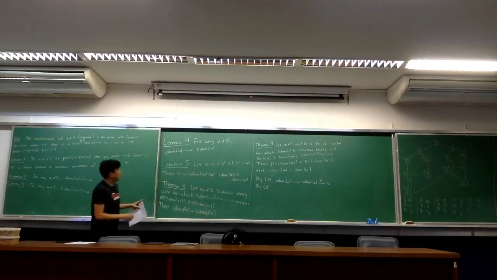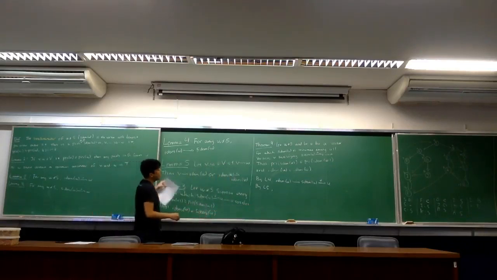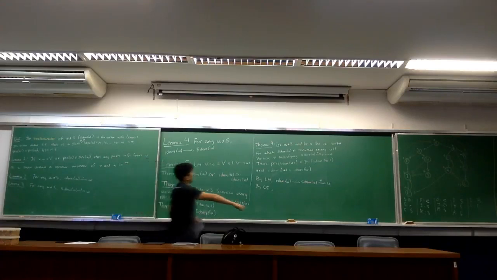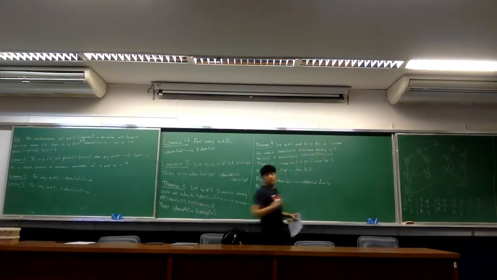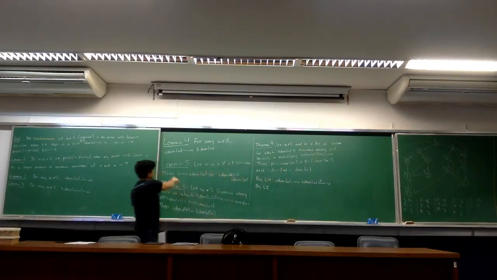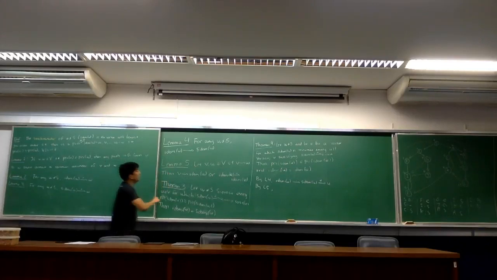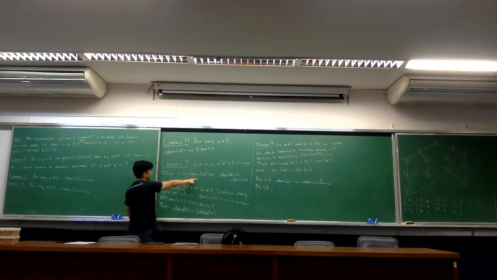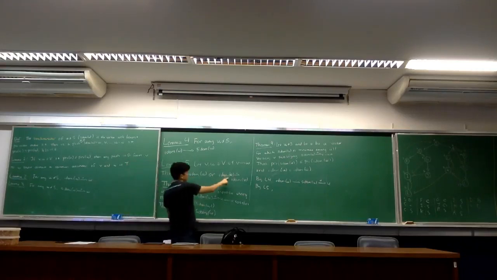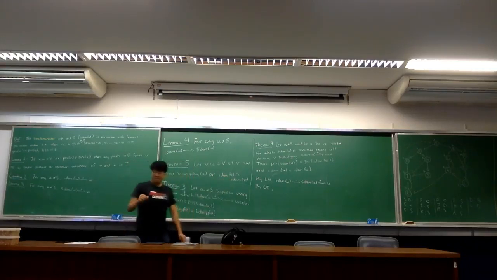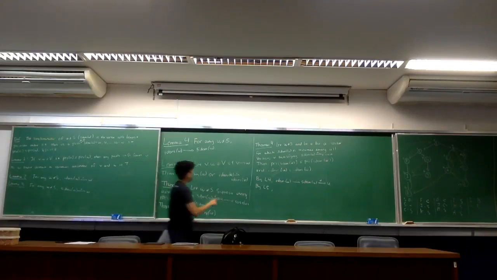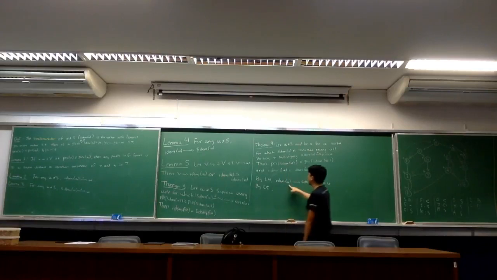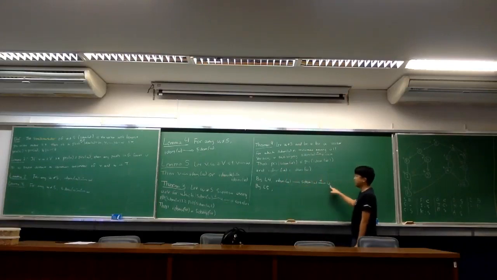Okay, now I'm going to use lemma 5. And I know that U is an ancestor of W, right? So by lemma 5, either U is an ancestor of the idom of W, or the idom of W is an ancestor of the idom of U. Okay, but this is not the case because we know that the idom of W is a proper ancestor of U. Right?